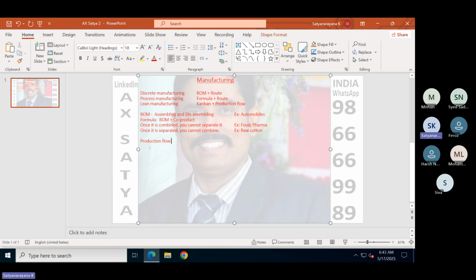An example for this is laptop manufacturing. Suppose a 500 GB hard disk, a 1 TB hard disk, and a 2 TB hard disk. These are hard disks.